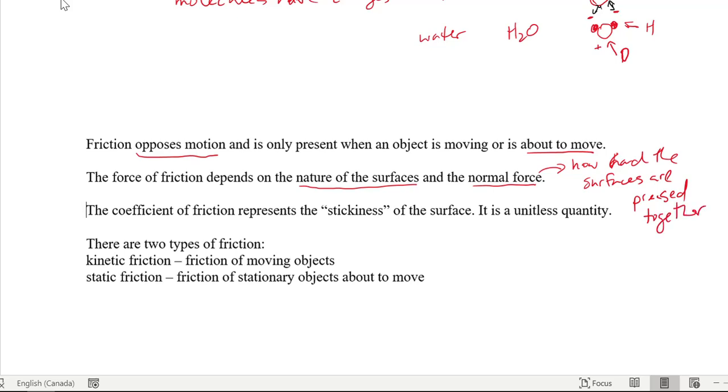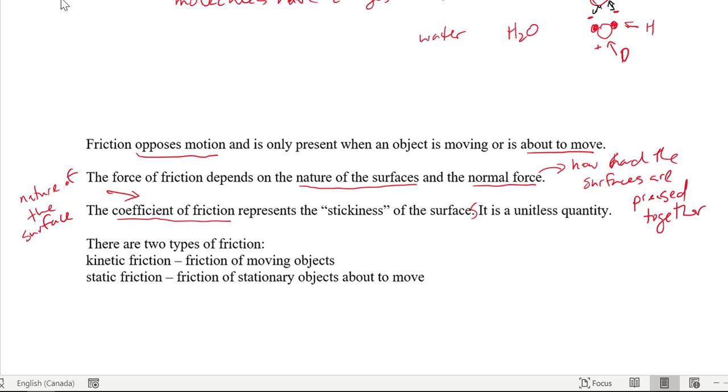The nature of the surface is called the coefficient of friction. We'll look more at that in just a minute. It tells you how sticky the surfaces are. So every two surfaces will have different coefficients of friction.